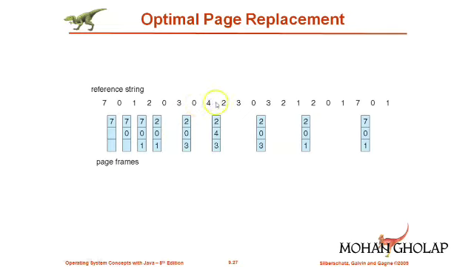After this we have 2, so 0 2, and after this we have 1. That's why we consider 1 for the replacement, because immediately after 3 we need 0, after this we need 2, and after this we need 1. So we replace 1 with 3, and the content is 2 0 3.